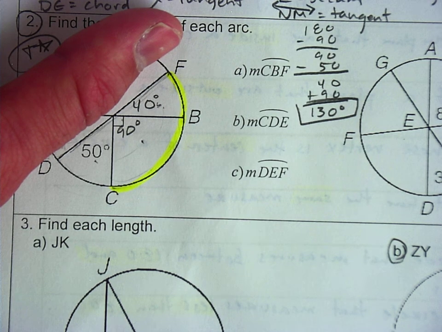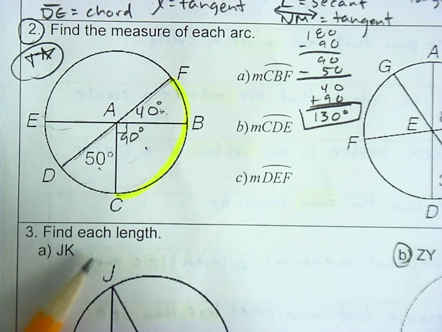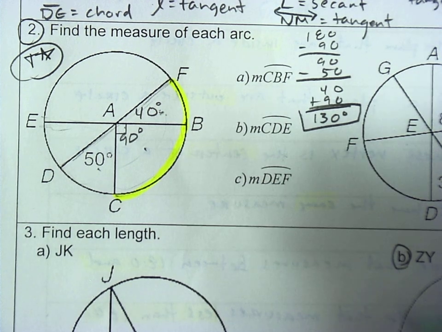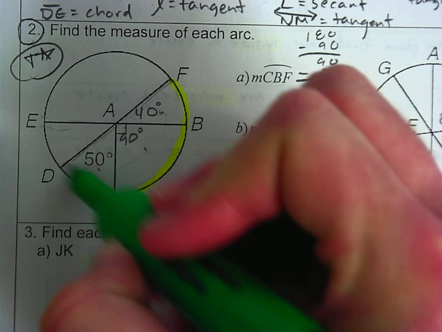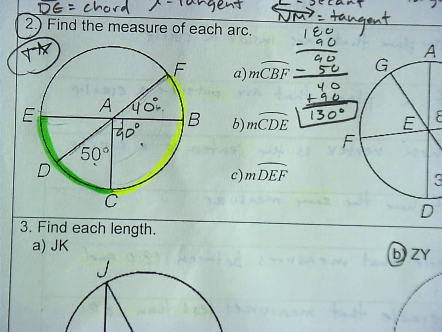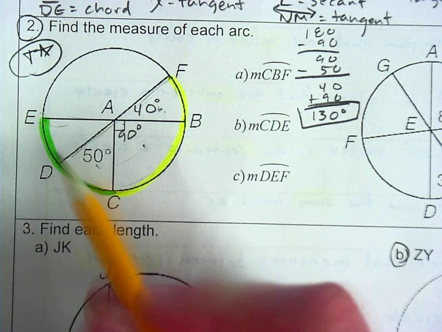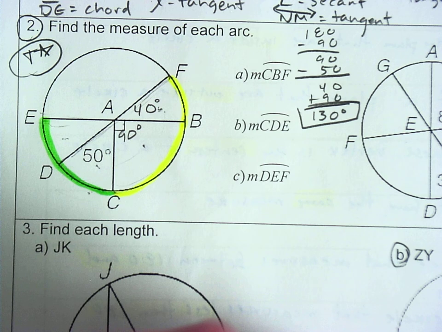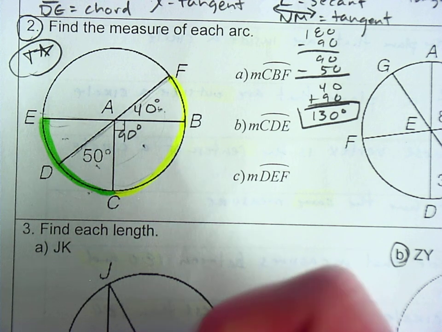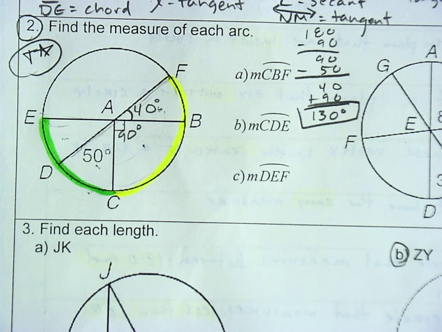The next one they want is CDE. And CDE is a really similar situation. It's over here, this arc over here in green. Okay, and we have this arc measurement, which is 50, but we don't have this one right here. But I do notice something. This angle right here, which is 40, is actually a vertical angle.